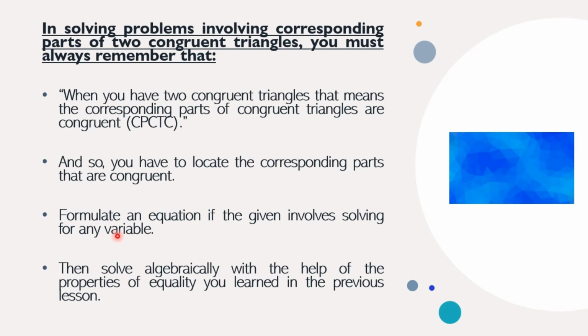Ano yung variable? Ito yung mga letters like X, Y, Z, A, B, C. Yun. Then, solve algebraically with the help of the properties of equality you learned in the previous lesson. Okay? Laging tatandaan yung aking itinuro kanina kung paano i-solve, okay, ang variable, paano i-solve ang parts, okay, of corresponding parts of congruent triangles.